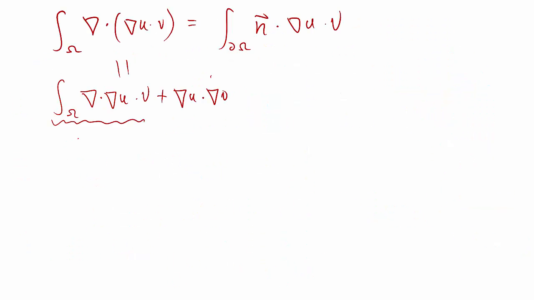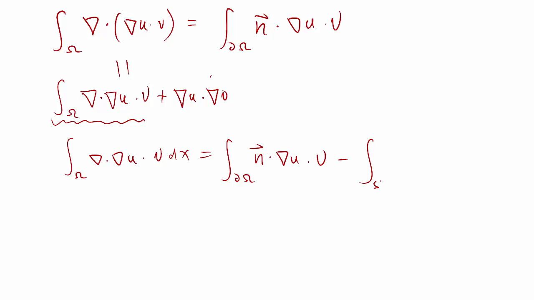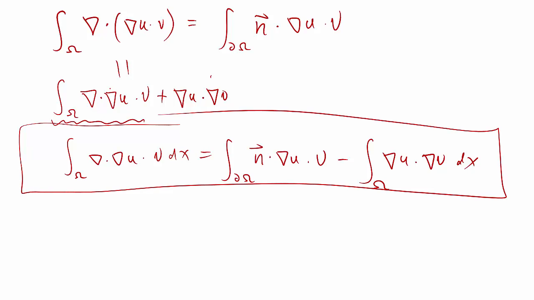So we can write this term as equal to this boundary integral minus this part, the gradient of U dot gradient of V. All right, so this is what we call integration by parts in multiple dimensions.